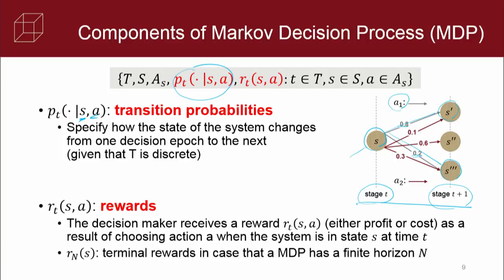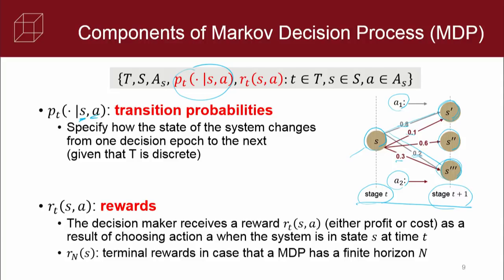On the other hand, for the same state, if the decision maker chooses A2 as an action, then the next state becomes S prime with the probability of 0.1, S double prime with the probability of 0.6, and S triple prime with the probability of 0.3. Right? So that is the concept of the transition probability.